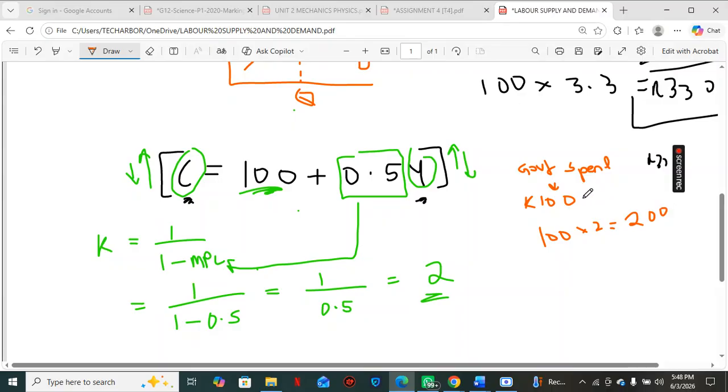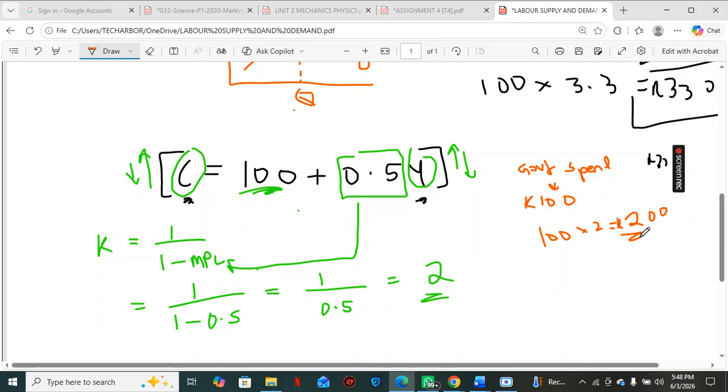Or let's say it is 100 billion kwacha. Then with a multiplier of 2, once government spends this 100 billion, the effect is a total spending of 200 billion within the economy. So overall spending will increase by 200 billion.